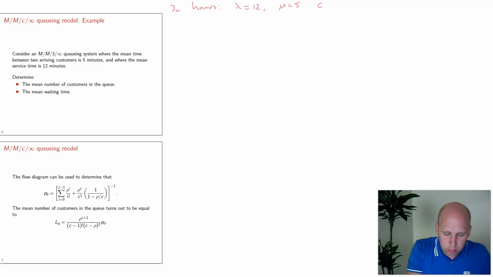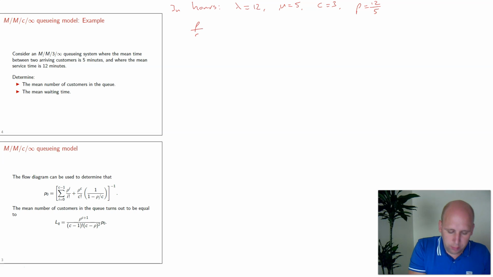C is equal to 3. That's the number of servers. And we can also give rho, and rho is equal to 12 over 5. It's larger than 1, but rho divided by C is smaller than 1. So this system has a steady state solution. We can also write that down.